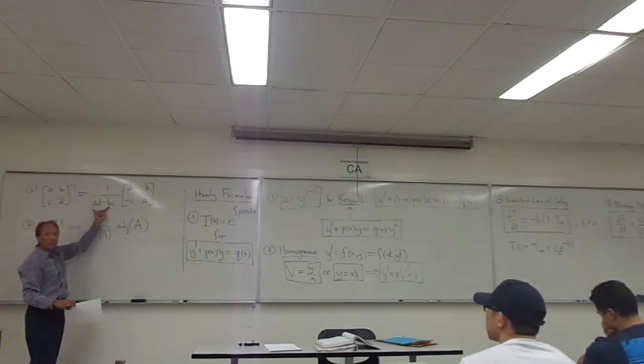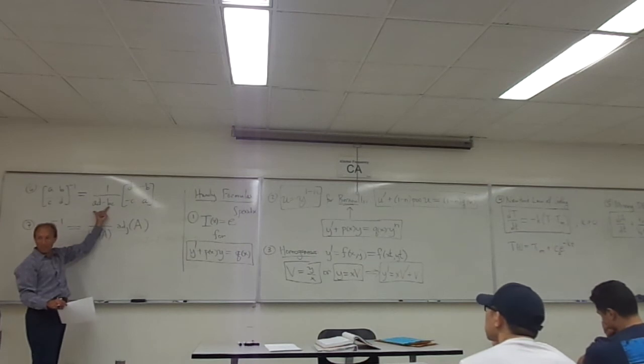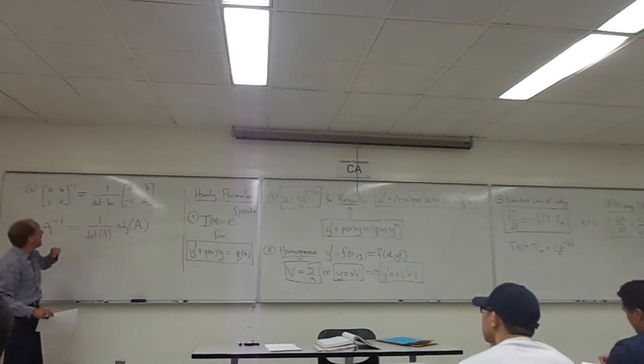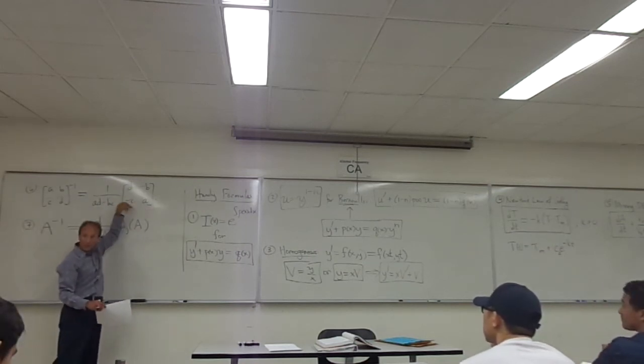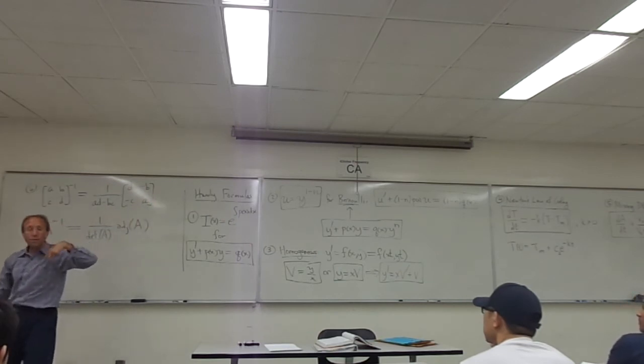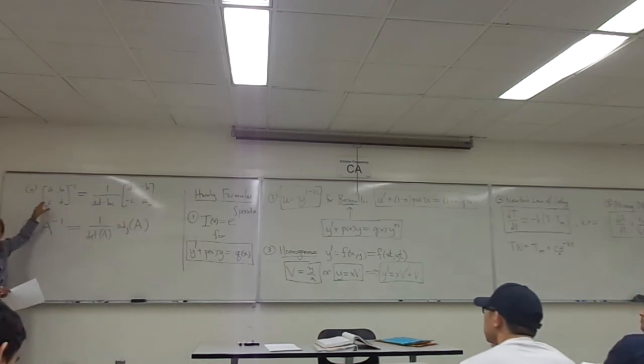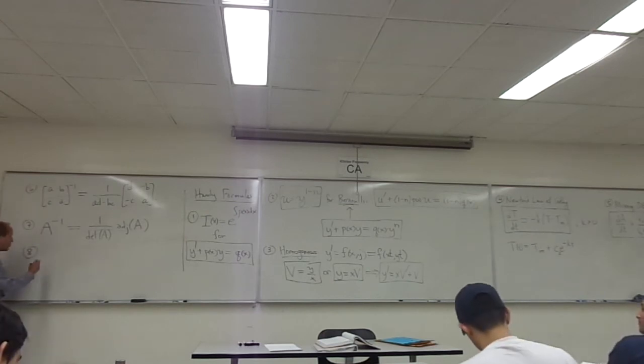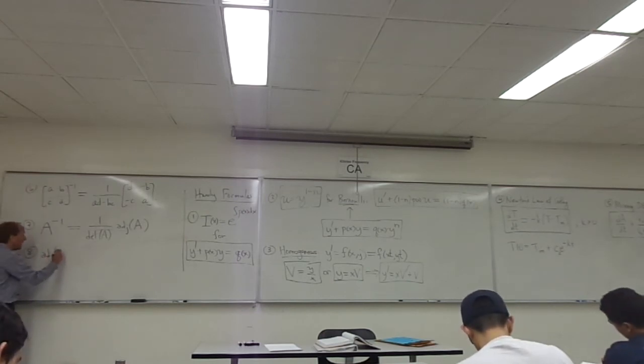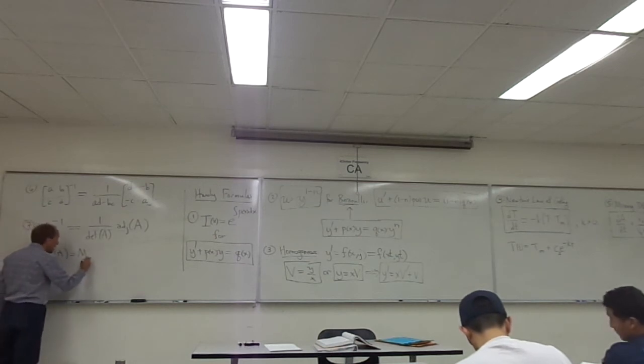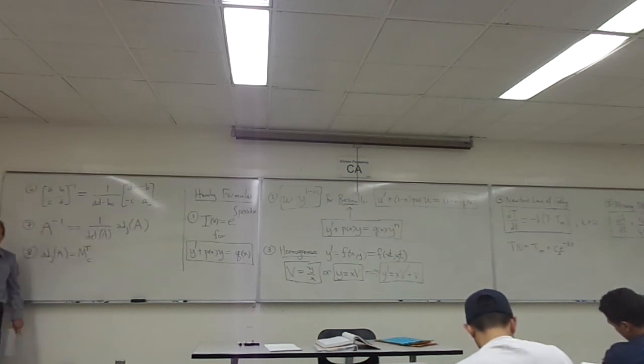The determinant of the 2x2 is just AD minus BC on the bottom. And this matrix right here is just the adjoint of the original matrix ABCD. Remember the adjoint? That's the next formula. The adjoint of capital A is just the transpose of the matrix of cofactors.